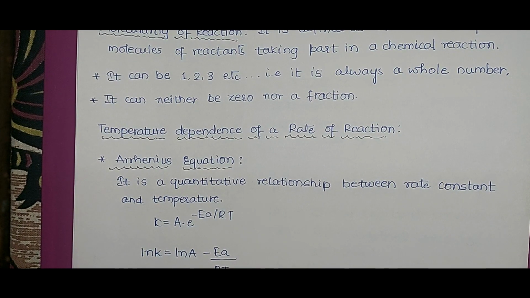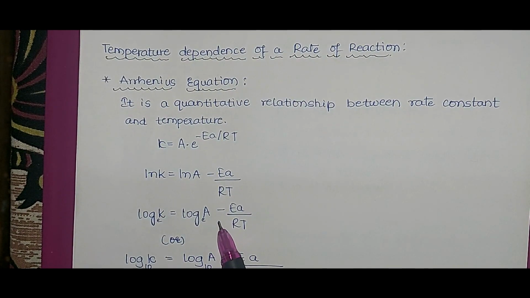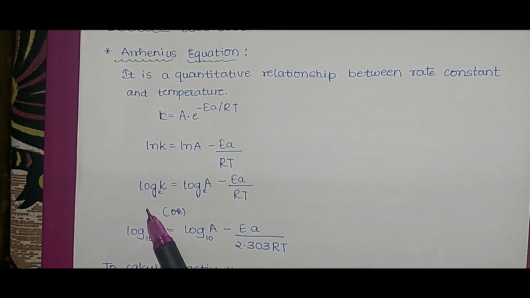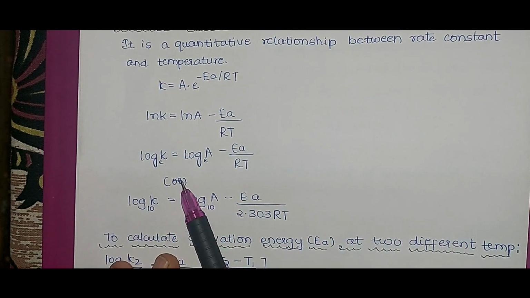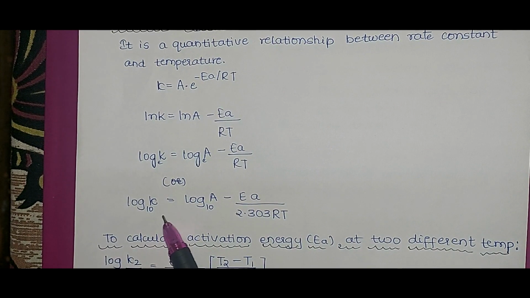The equation can also be written as ln k = ln A - Ea/RT. ln is nothing but log to the base e. Or log k to the base 10 equals log A to the base 10 minus Ea divided by 2.303 RT.